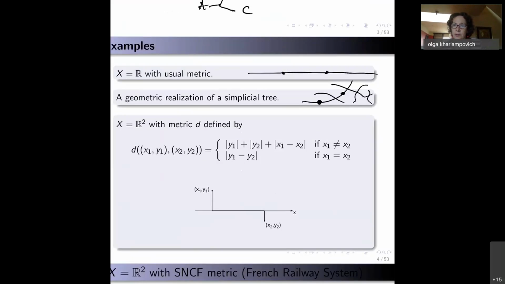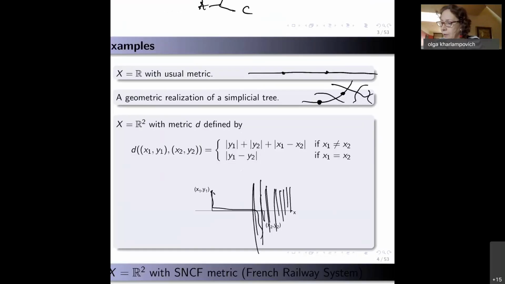So this is a geodesic. And if two points are on the same vertical line orthogonal to the x-axis, then the geodesic goes along this line. So this looks like some very, very dense hairbrush, because all of these are geodesics.